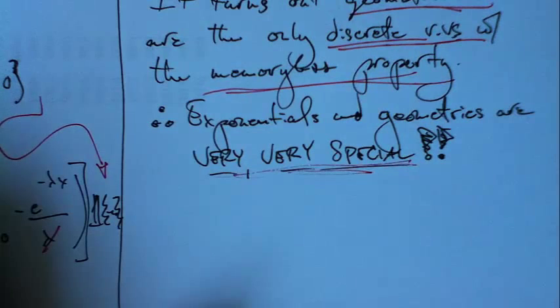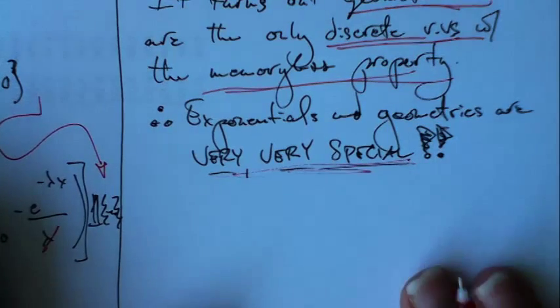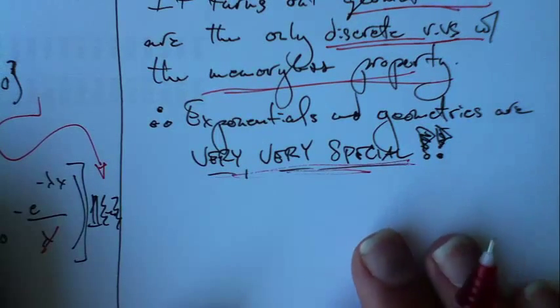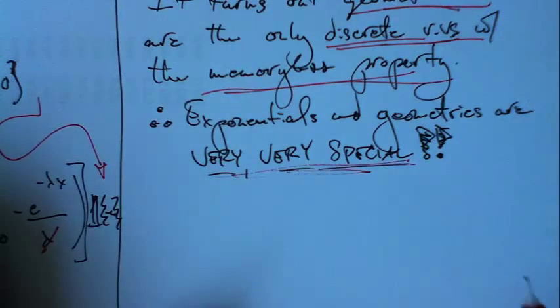In fact, if you think about it, exponentials and geometrics seem to model the same thing. Geometrics model time until the first success, when you do trial after trial in discrete time. On the other hand, exponential random variables model the time until the first success, but in continuous time.